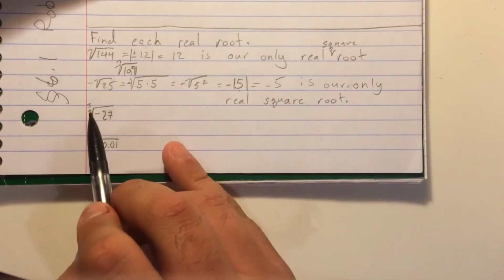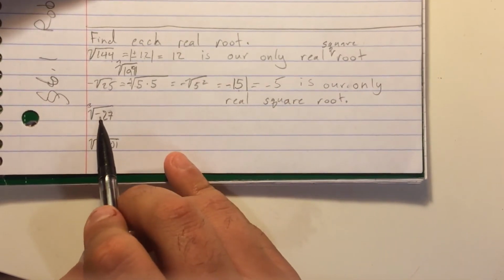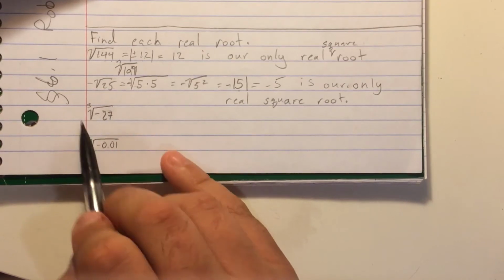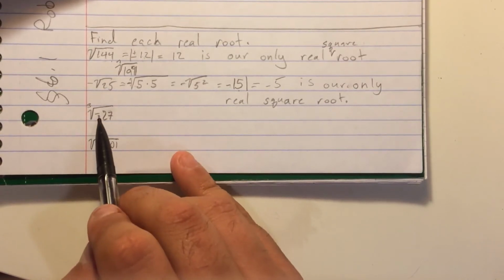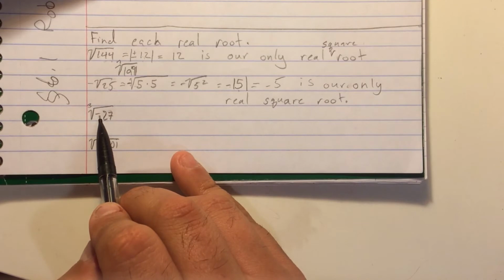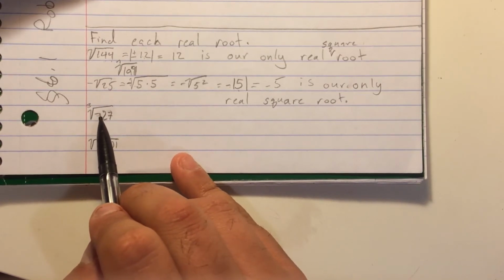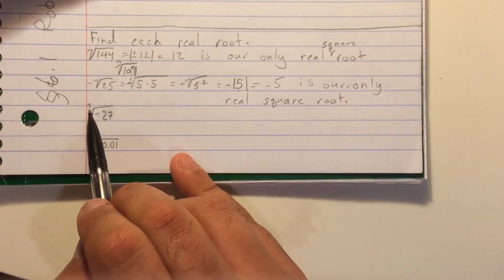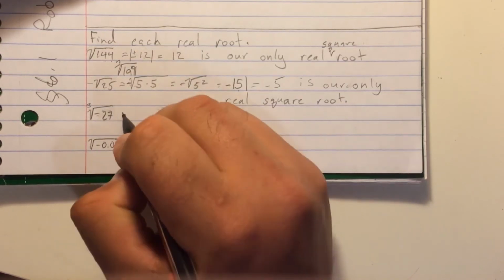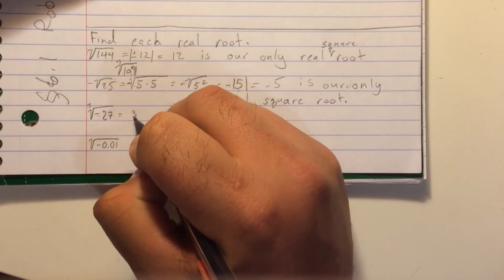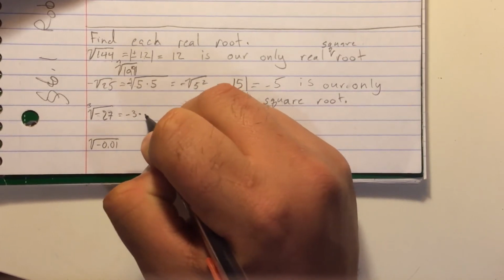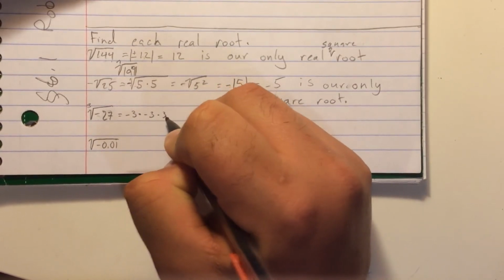We have the cube root of negative 27. Normally if we had a square, this would not be true because we have a negative here, and that would be with an i. But with a cube root, that's okay, because I know this is negative 3 times negative 3 times negative 3.